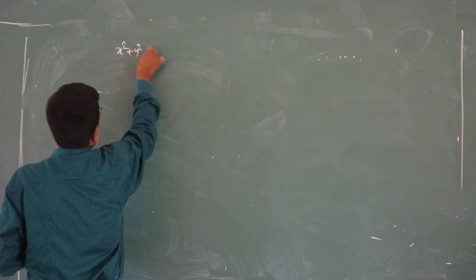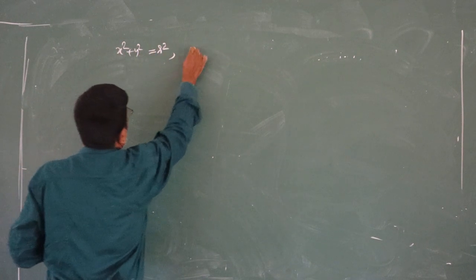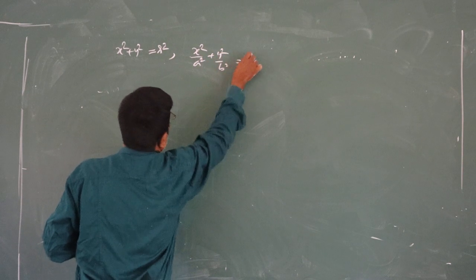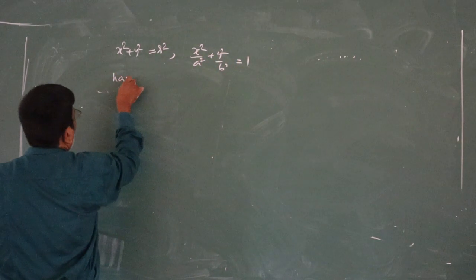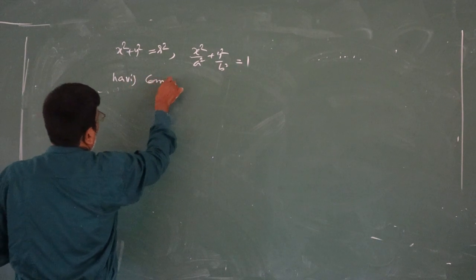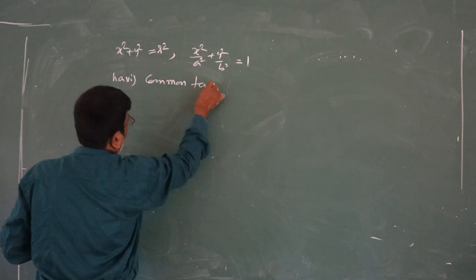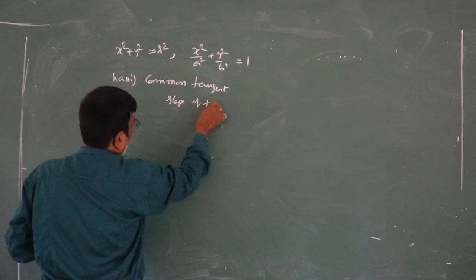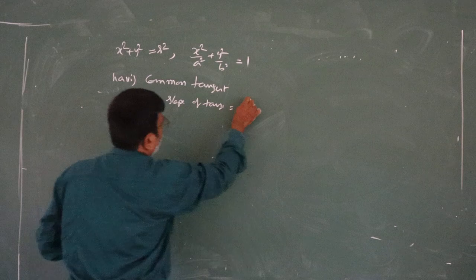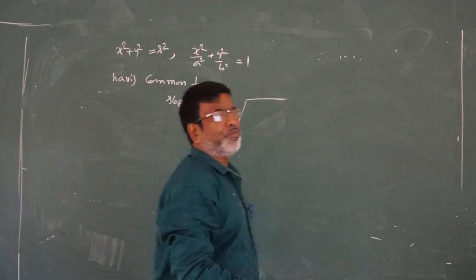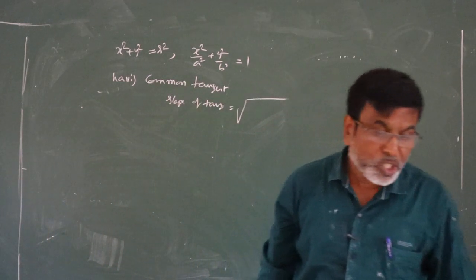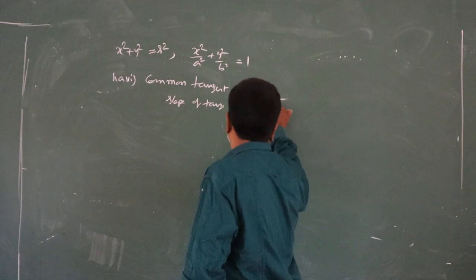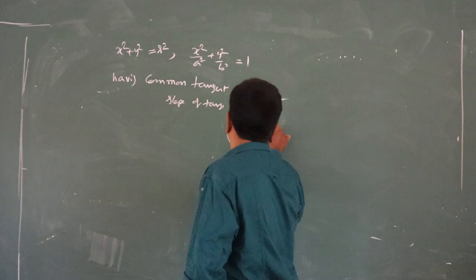x square plus y square equal to r square is the circle, and x square by a square plus y square by b square equal to 1 is the ellipse, having a common tangent. So the slope of the tangent is root of r square minus b square by a square minus r square.